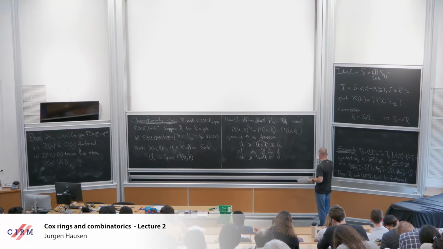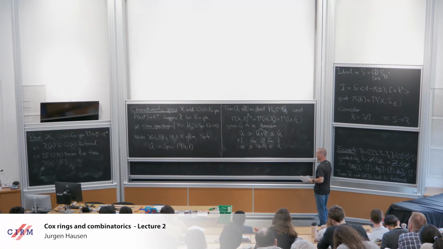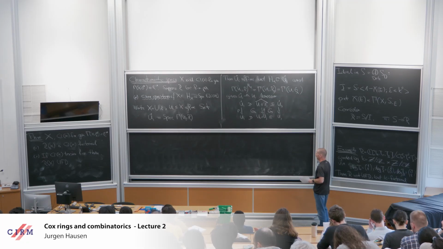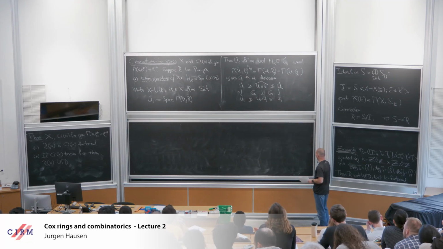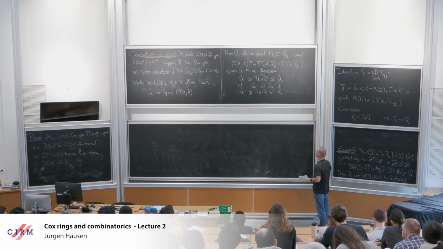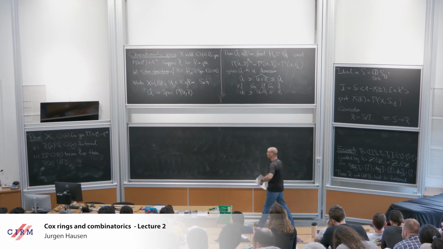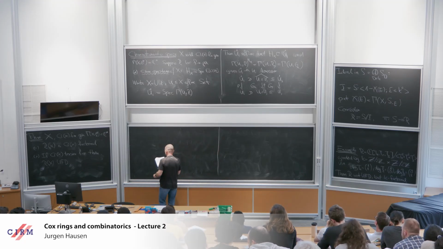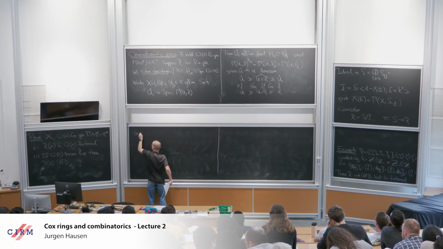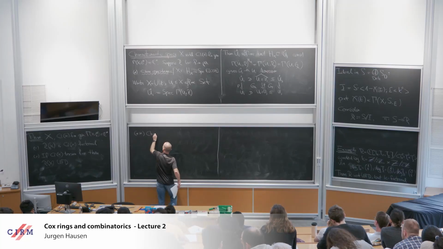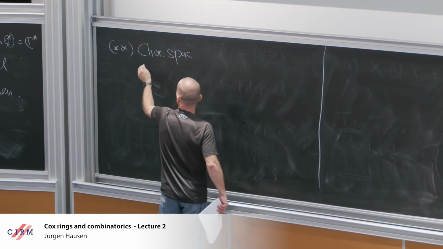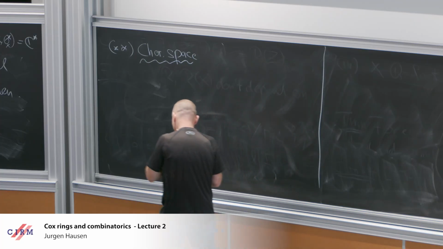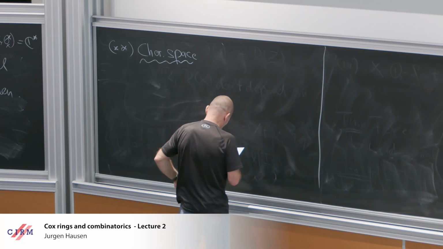What does this mean at the end? This means at the end that we can glue. The characteristic space of X is obtained by gluing all those guys.